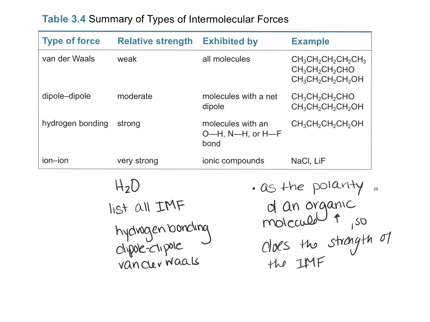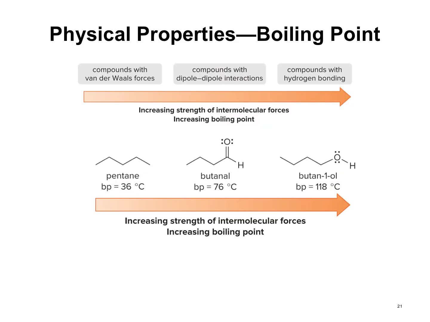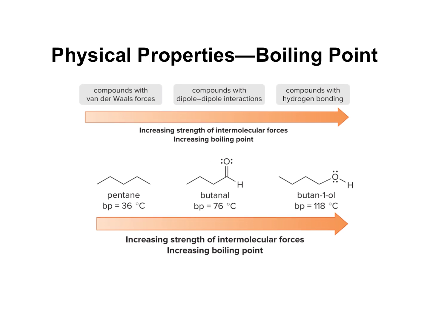Let's talk about how these affect the physical properties. So the boiling point of a compound is the temperature where a liquid is converted to a gas. And so when you're boiling, energy is needed to overcome those attractive forces in the more ordered liquid state.